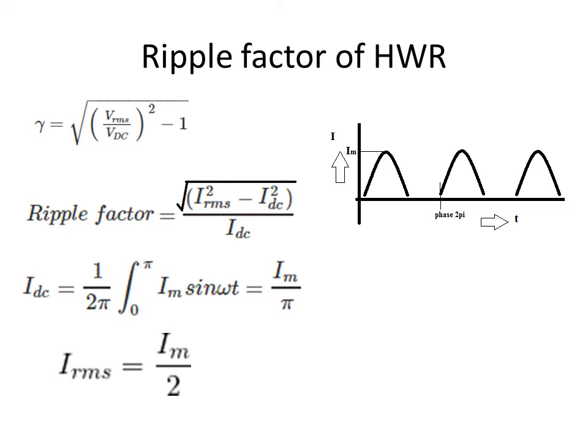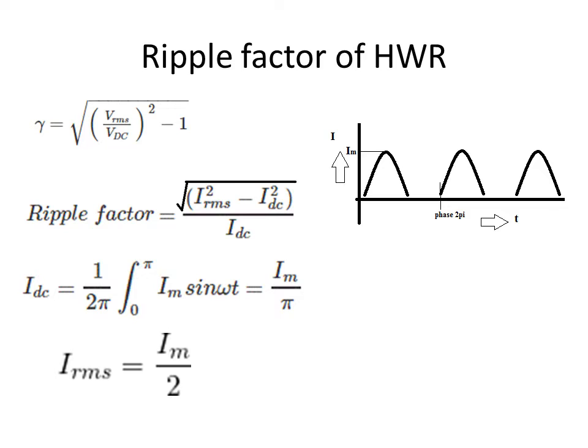Then the current decreases to zero, and it remains zero until this black line which I have drawn vertically along the x-axis. That marks one complete time period. In the case of time, it can be labeled as capital T, or time period, or the corresponding phase will be 2 pi.